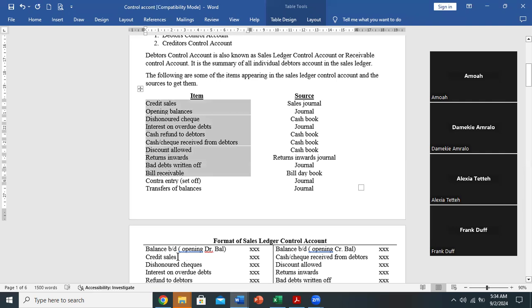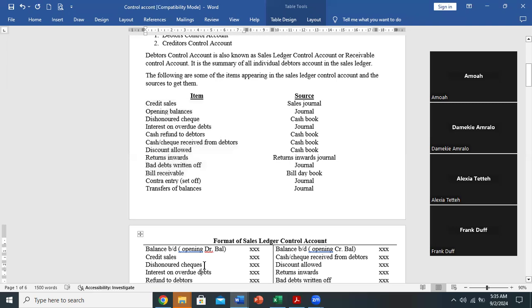So the first one, credit sales: when you sell to customers on credit, they become debtors. So it increases the balance on debtors, right? The more you sell on credit, the more debtors you get. So credit sales increase the debtors balance. That's why it is debited to the debtors or sales ledger control account.